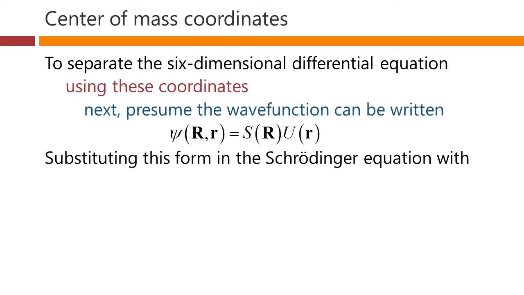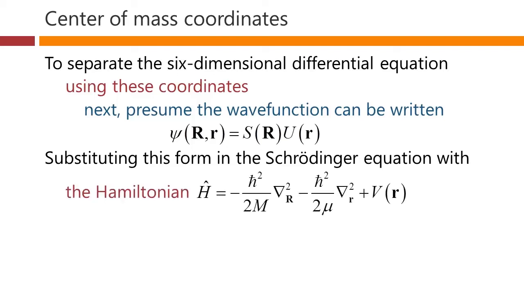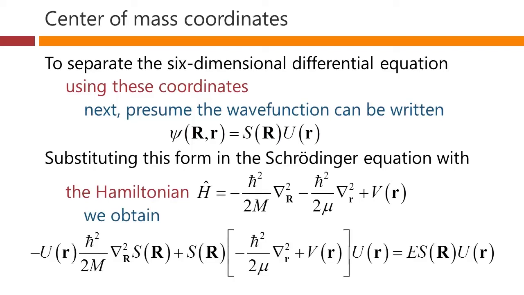So we substitute this form into our Schrödinger equation with our Hamiltonian that we've just written down, and we therefore obtain this equation. So it might look a little complicated, but it's essentially straightforward. We've got minus u of r h bar squared over 2M. So that's from the minus h bar squared over 2M and the u of r from here. But the del squared capital R doesn't do anything to the u of little r, so we can bring it out the front.